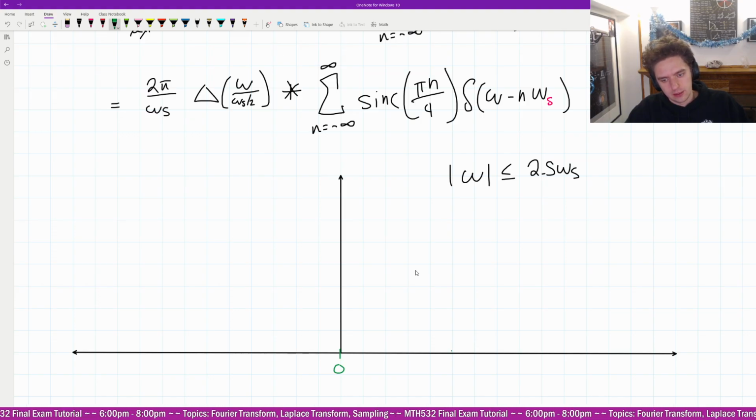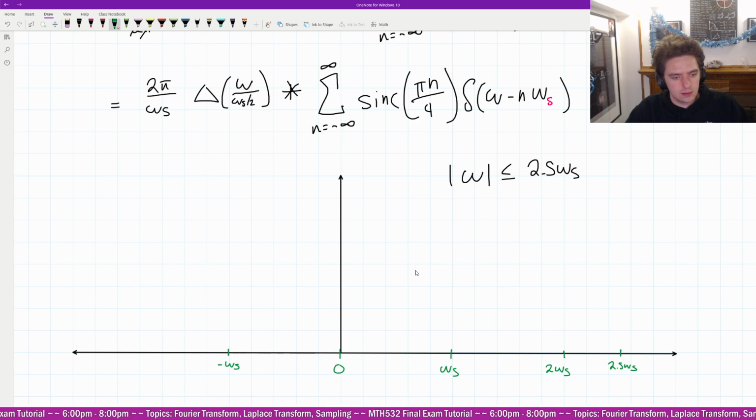Let's just say this is omega s. Let me make sure it's 1, 2, 3, 4, 5. 2 omega s. And then 2.5 would be, right? This is 2.5 omega s. And then this would be negative omega s. Hard to count squares. 1, 2, 3, 4, 5. Yeah, there you go. Negative 2 omega s. And then this would be negative 2.5 omega s.